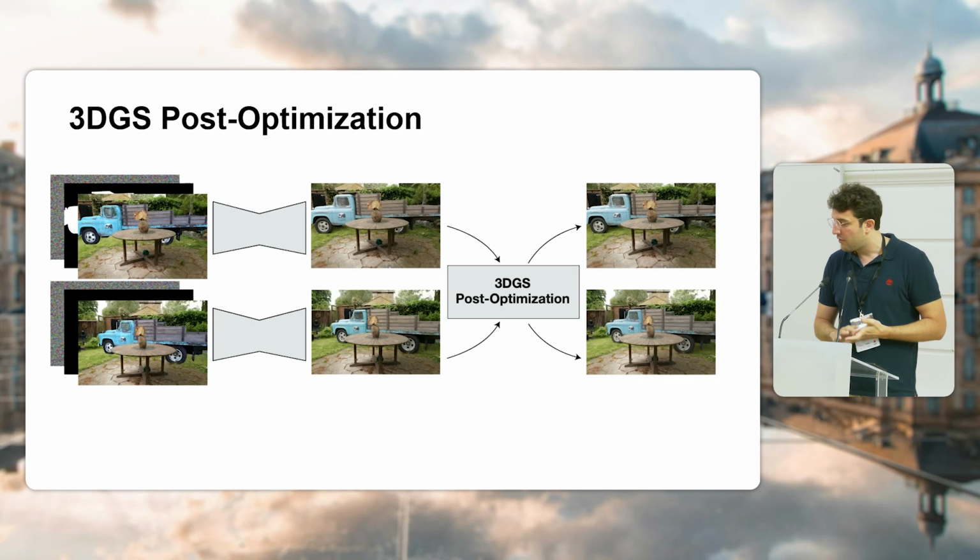So for this, we propose a post-optimization that will, of course, first run the diffusion model on each frame of the target scene after inserting the object. But we carefully designed this 3DGS post-optimization to end up with a consistent 3DGS representation after harmonization.